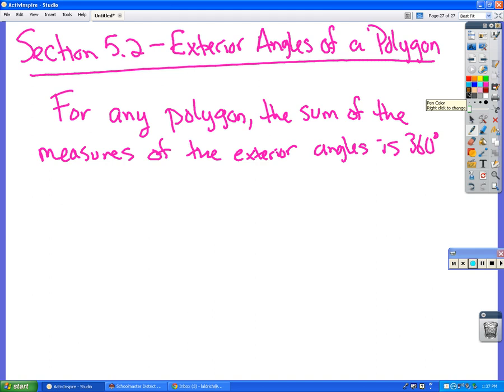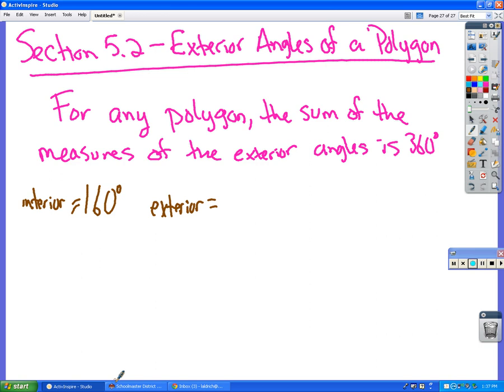So let's go back to the archaeologist problem, and she found a plate that had an interior angle of 160 degrees, okay? So follow along with me. If you have an interior angle that is 160 degrees, what is the exterior angle right next to it going to measure? 40.